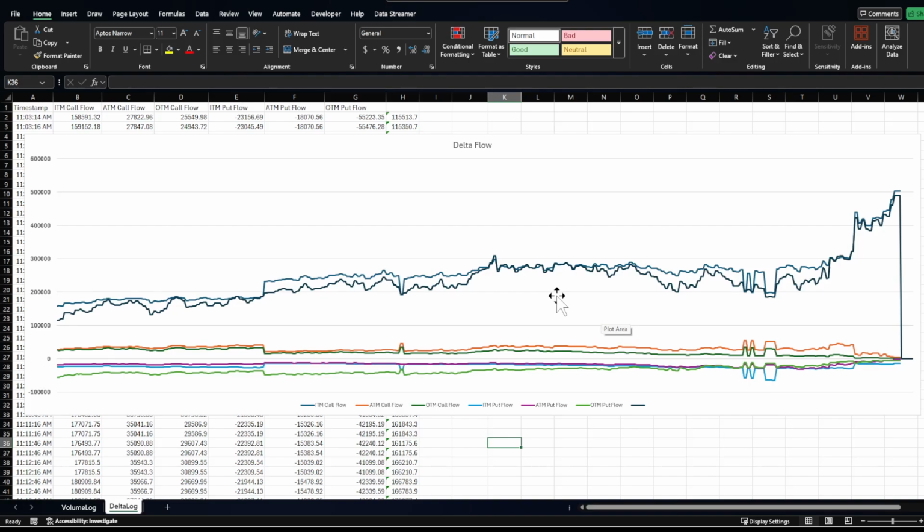Maybe it shows you some relative strength. In this case, I'd say this is pretty strong on the upside. As you see, we're at all-time highs, and we've been going higher, right? So naturally, there wasn't much in the money put flow, as you could see, right?